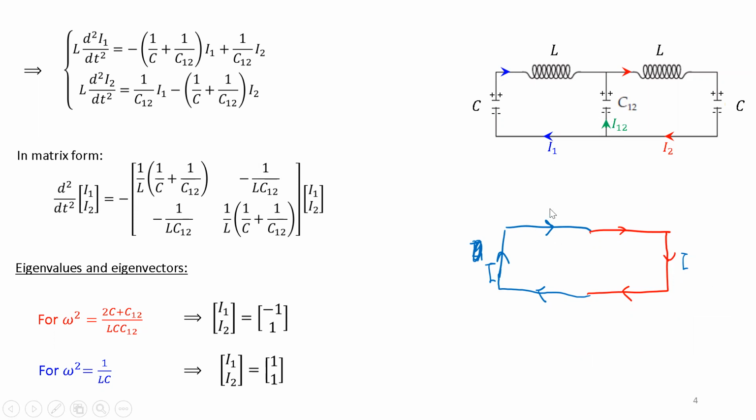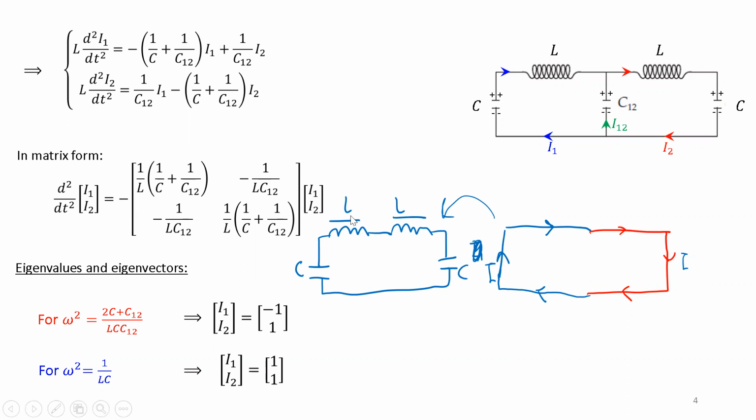The circuit diagram for this one would be just like this: I have 2 inductors in series, and also 2 capacitors in series like this. So equivalently, the circuit looks like this: L, L, C, and C.